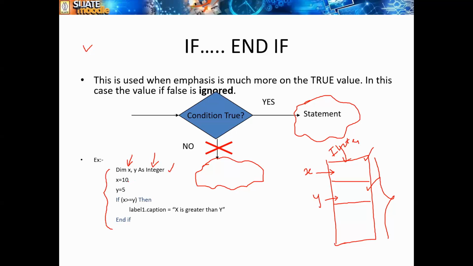And line number 2 is x equals 10. So when this is executed, this location will be filled with number 10, right? Similarly, when we go to the third line, it says y equals 5. Therefore, what will happen is this location will be filled with number 5, right?